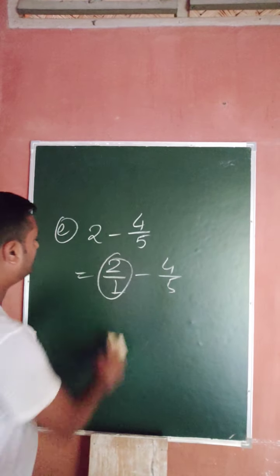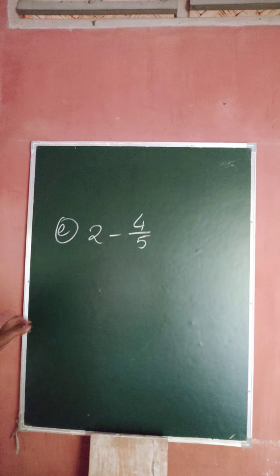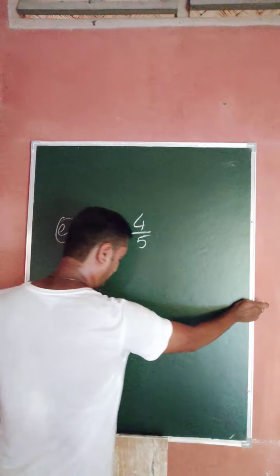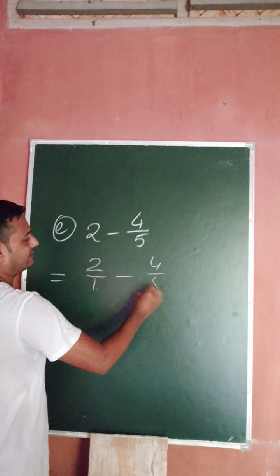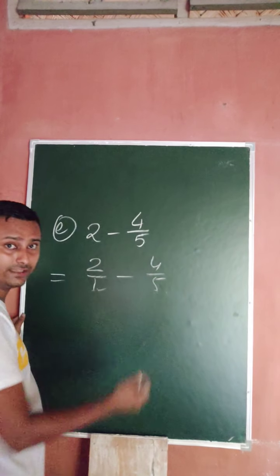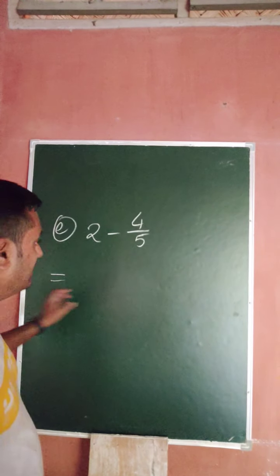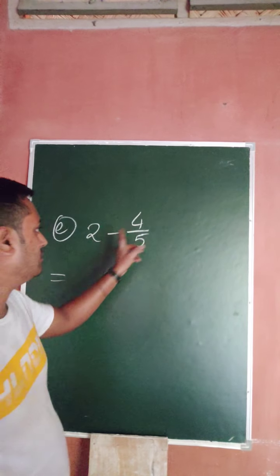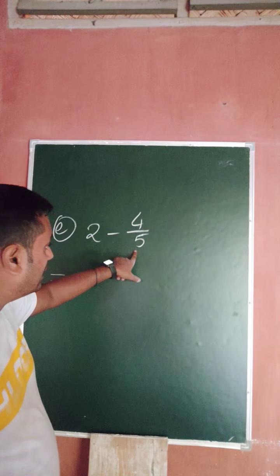So whenever there is a whole number and a fraction, in this case 2 by 1 and 4 by 5, what is the LCM of 1 and 5? Always 5. That means whenever there is a whole number and you subtract or add a fraction, the LCM will always be the denominator of the fraction.